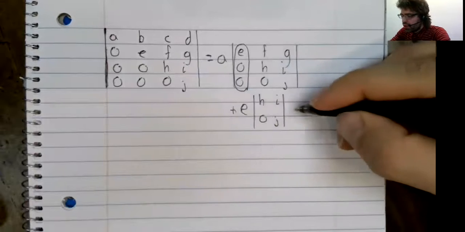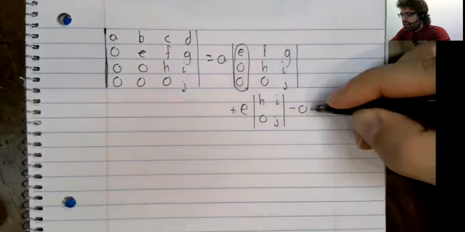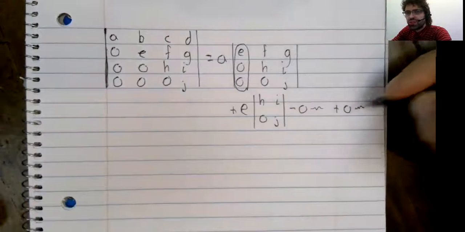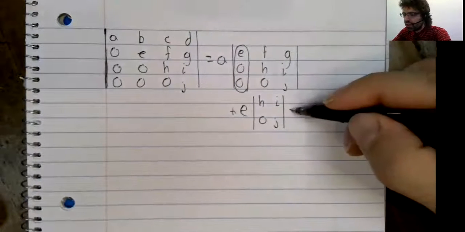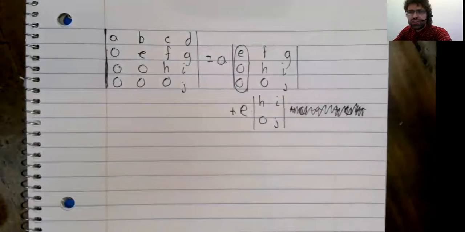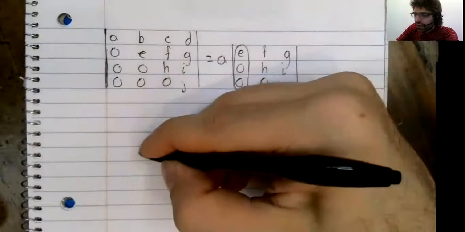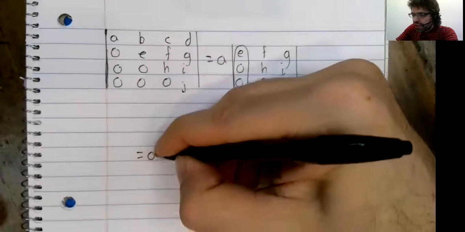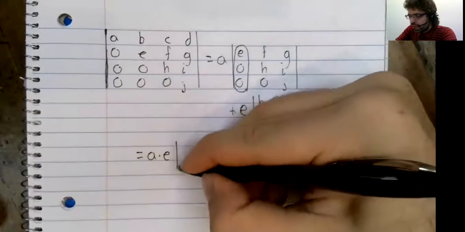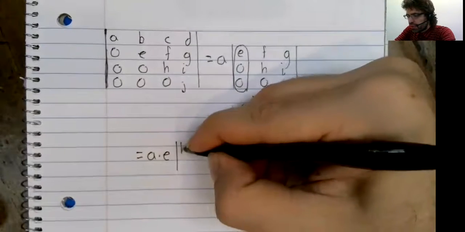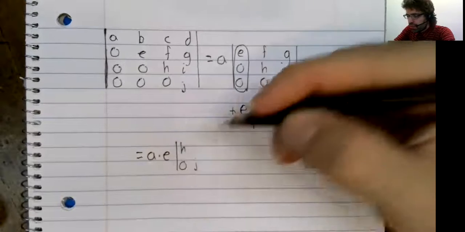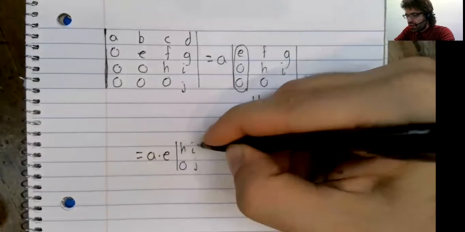And then minus 0 times something plus 0 times something. That doesn't matter. So we've got A times E times the determinant of this thing.